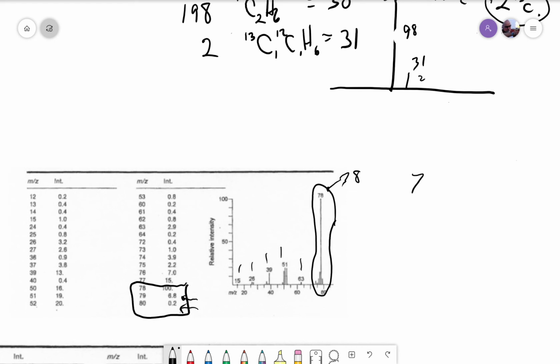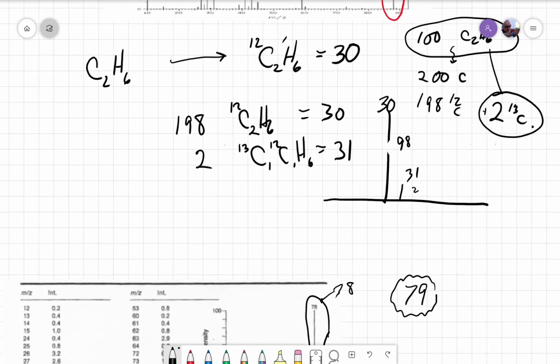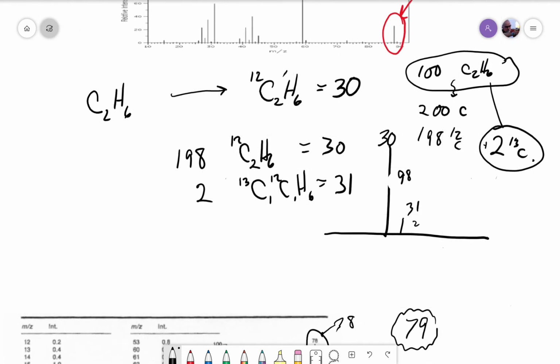If we have a peak at 79, that might be occurring from an isotope of the carbons that exist in the molecule. As a review, 1 carbon made a carbon-13 peak of 1.1%. 2 carbons made a carbon-13 peak of 2.2%.